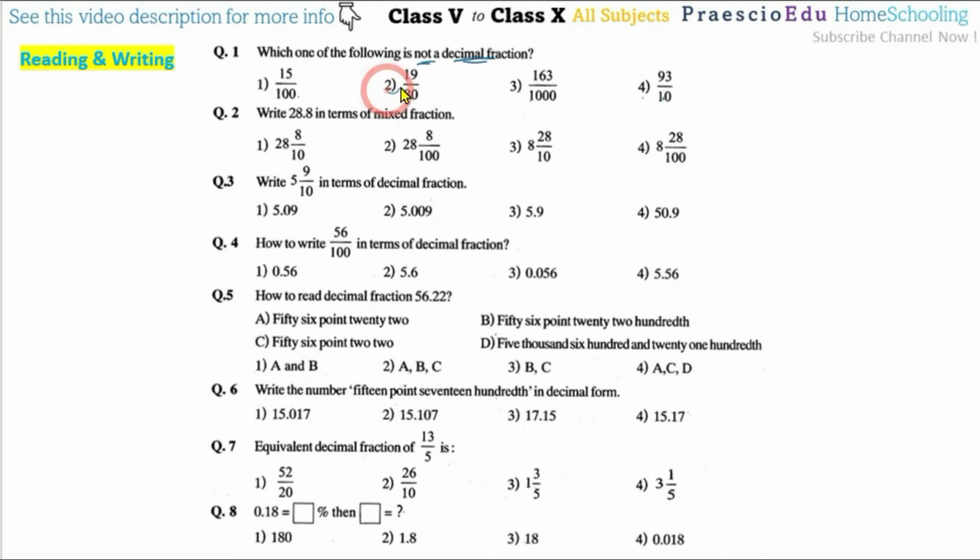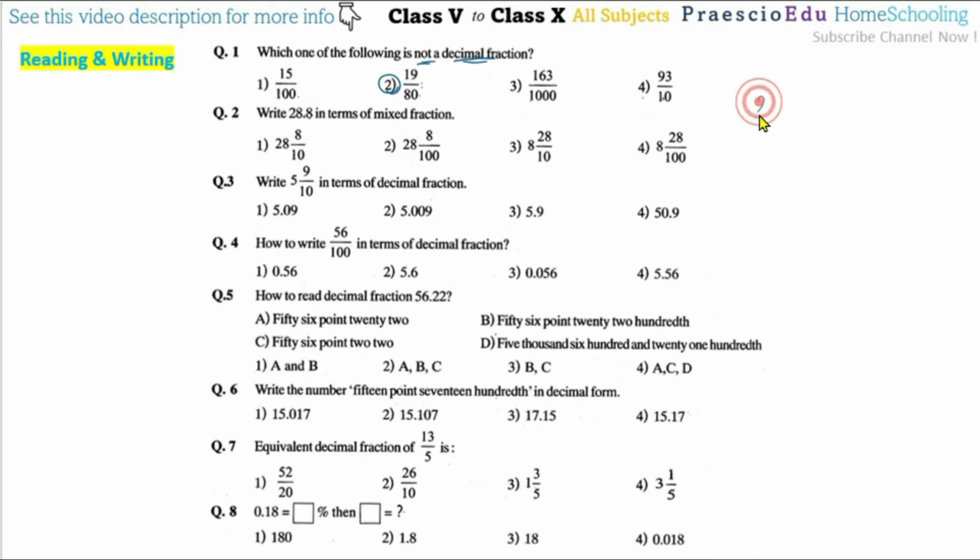But option number 2 is 80, which is not a power of 10. It's in between 10 and 100. So that's why option number 2 is the different one, not a decimal fraction.